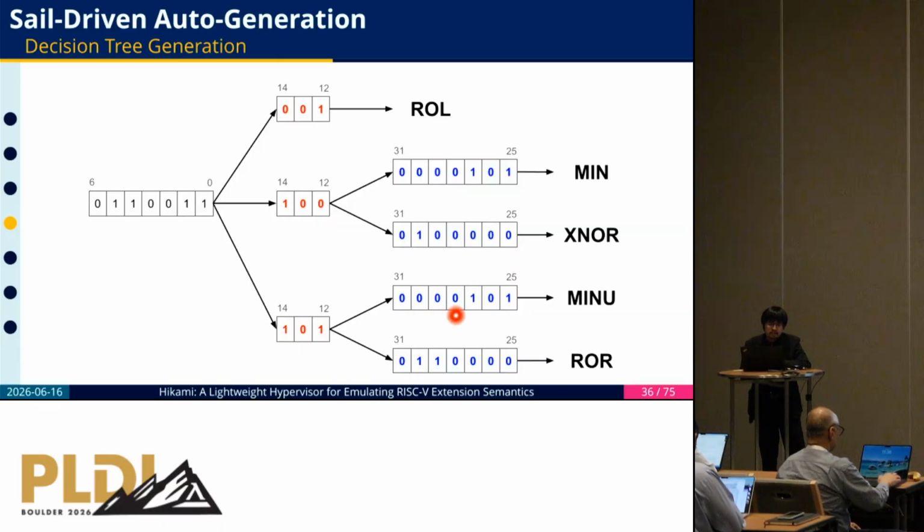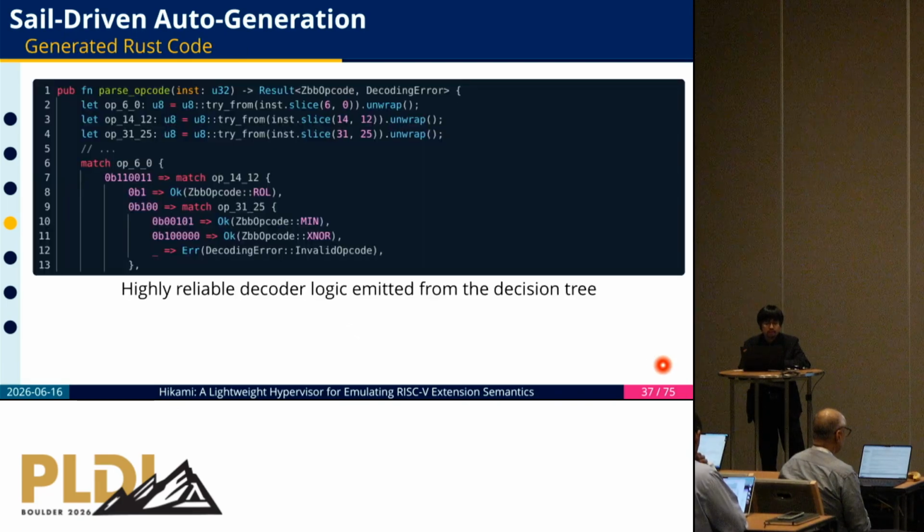This ensures that every possible bit pattern is mapped to either a specific instruction or an error, providing us systematic coverage of the encoding space without manual errors. The emitted RISC code is clean, efficient, and guaranteed to match the SAIL specification. By automating this, we eliminate a major class of bugs commonly found in manually written emulators.